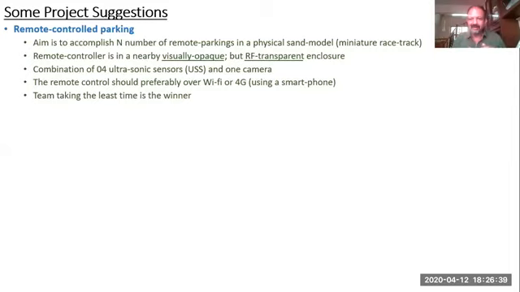And you are expected to park these cars in a parking lot. The aim is to accomplish n number of remote parkings in a physical sand model or a miniature racetrack. The remote control is in a nearby visually opaque but RF transparent enclosure. You can use a combination of ultrasonic sensors and one camera, and remote control should preferably be over Wi-Fi or 4G, and the team taking the least time is the winner.